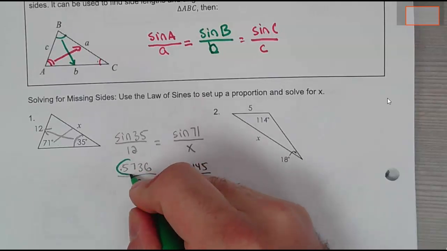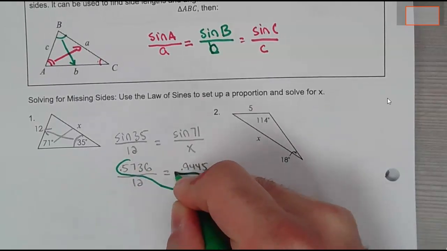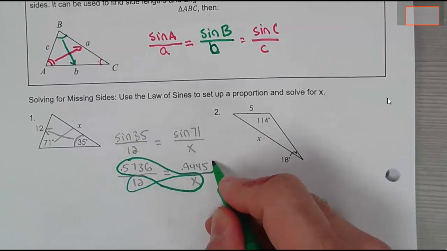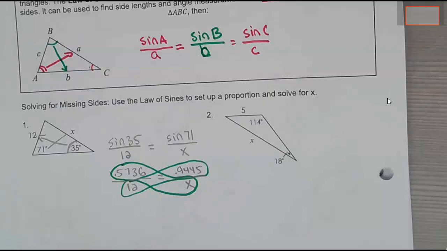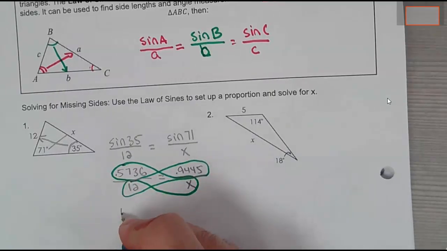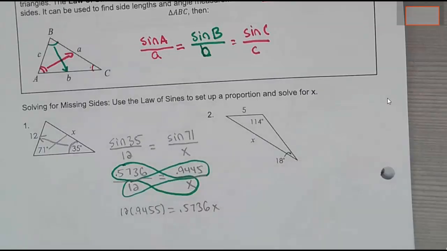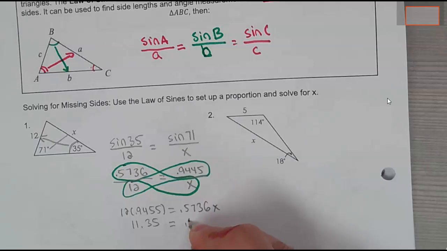So I would take this 0.5736 times x, and 12 times 0.9445. When I multiply those two together, I get 11.35 equals 0.5736x.